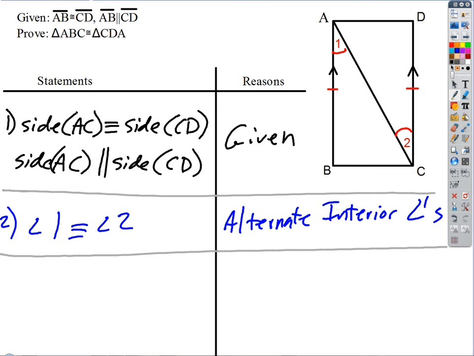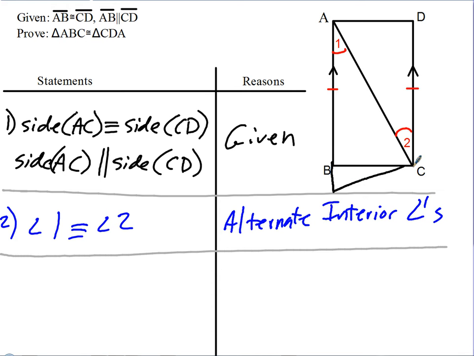Because the angle 1 and 2, it's on the side AB and BC. Okay, but that's not enough. Because what if this side had gone down a little bit further this way, like that?